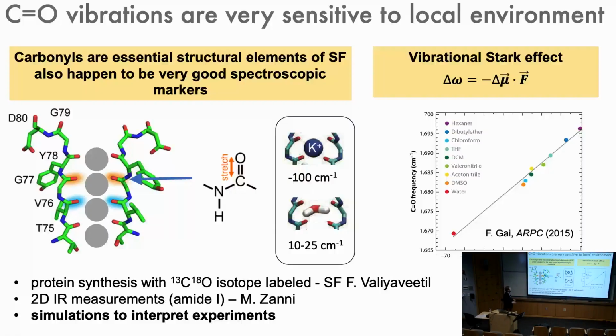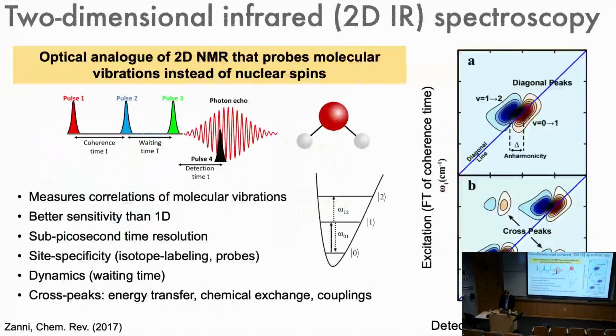And then, of course, you have to express protein and all that, but I'm not talking about that. That's an experimental detail. All you need to know here is that it's possible to precisely put the isotope label inside of this selectivity filter, and it shifts the vibrational frequency enough so you can resolve the signal that's coming from exactly that site. All right, the technique that's used to measure vibrations is two-dimensional infrared spectroscopy.